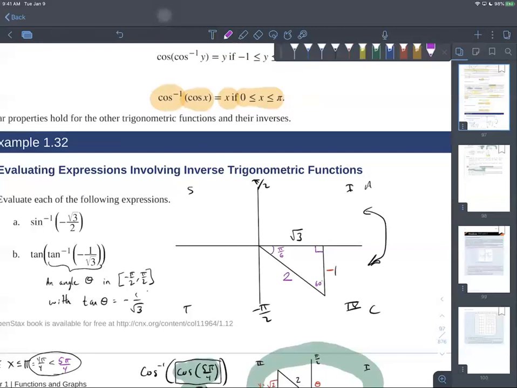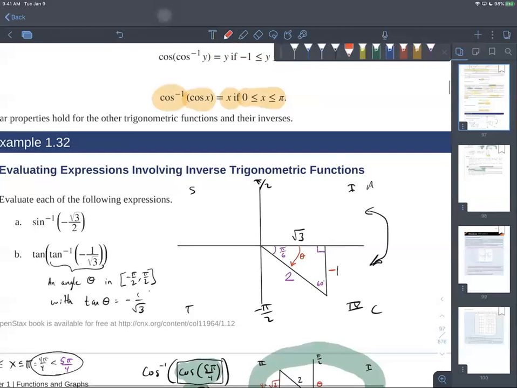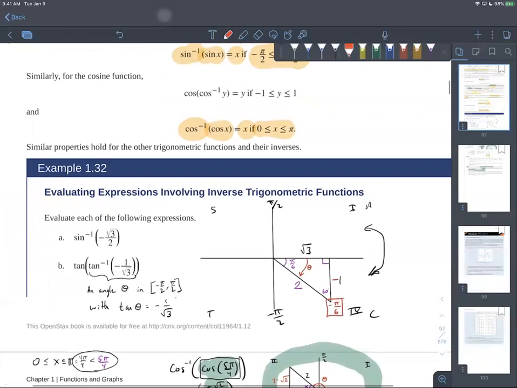But then what is the actual angle? Starting from the x-axis and rotating up to here, since the rotation is negative, the angle theta that we're looking for is negative pi over 6. So that's just the inside part. This problem then becomes the tangent of negative pi over 6.